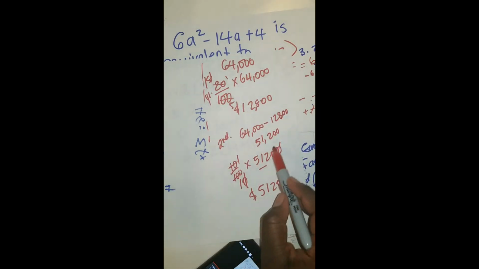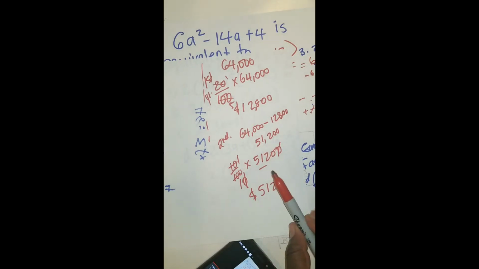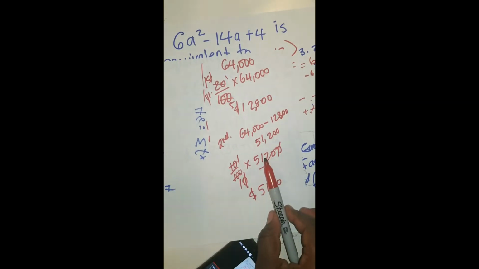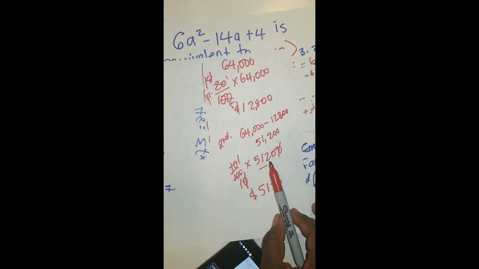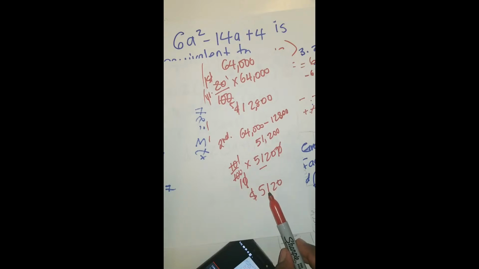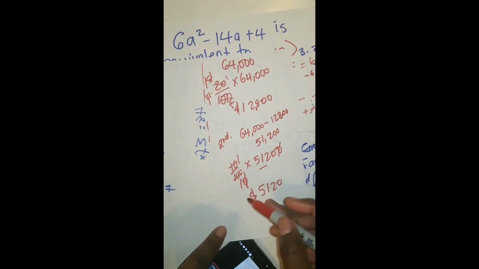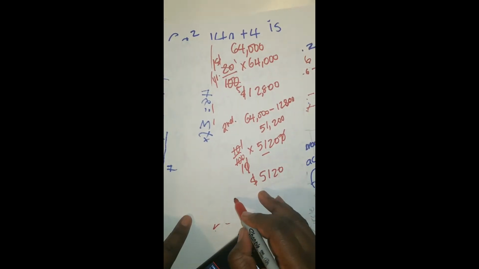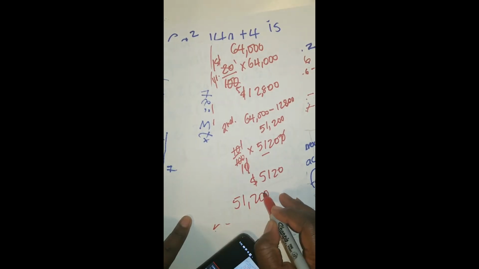In year 2, the car is valued at 51,200, so you couldn't use 64,000. You find 10% of this amount, you get 5,120 being deducted from that amount. Alright? So to know the value of the car at the end of the second year, you have to say 51,200.